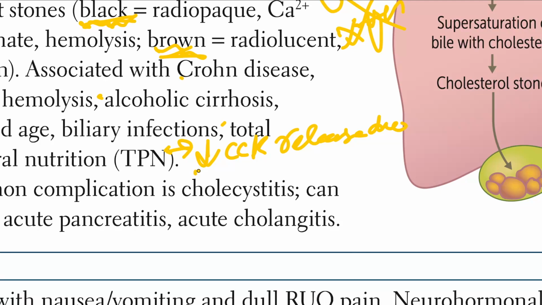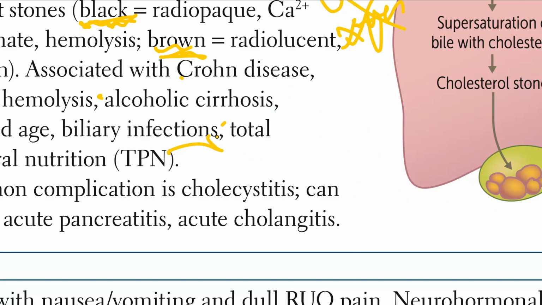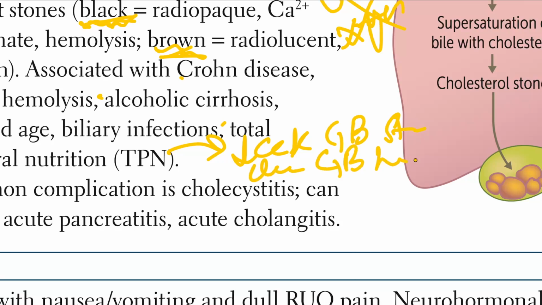CCK gets released by the food: food contains fat, and fat stimulates CCK. CCK stimulates gallbladder contraction. So when you're giving total parenteral nutrition, you have a decrease in CCK. It will lead to gallstone development due to gallbladder hypomobility.